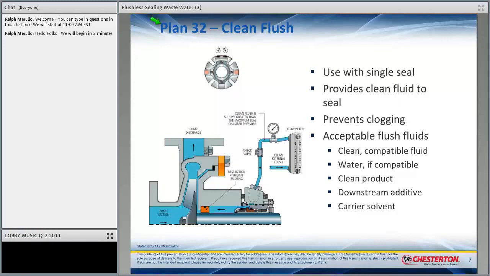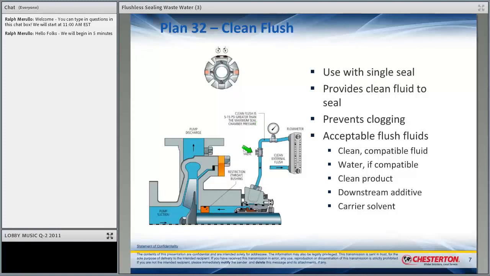Okay? So in the case of Plan 32, what we have is a clean fluid, generally water in this industry, and that fluid is provided, it could be provided through a flow meter, which is a real good idea. Absolutely. There may be a pressure gauge. There should always be a check valve, particularly in this industry.